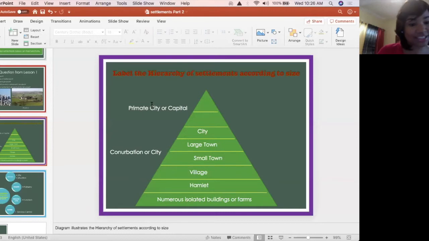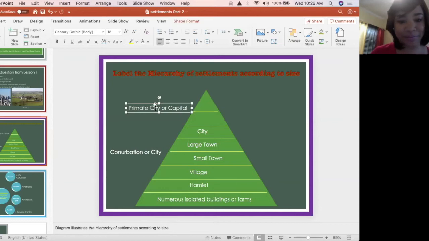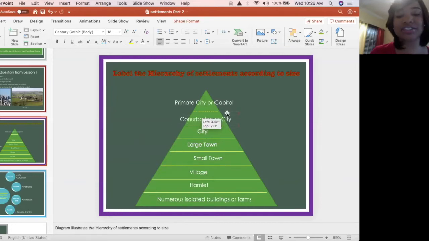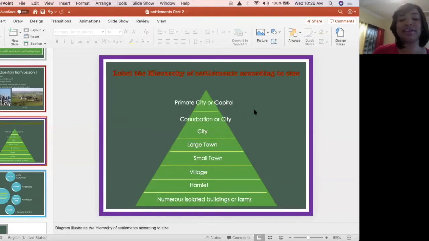My anonymous attendee says the capital. Okay, Will, I see you. You also say the capital. Marsha says conurbation. Okay, so for all of you who said the capital city, you are correct. And of course, last but not least, our conurbation city will sit second going down.